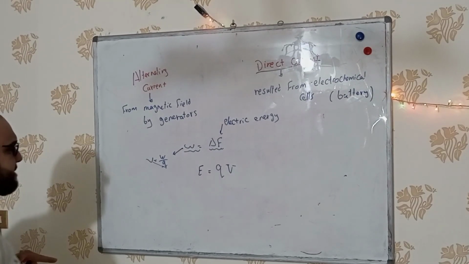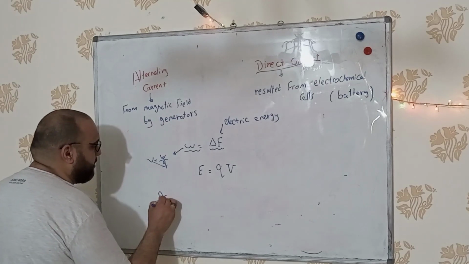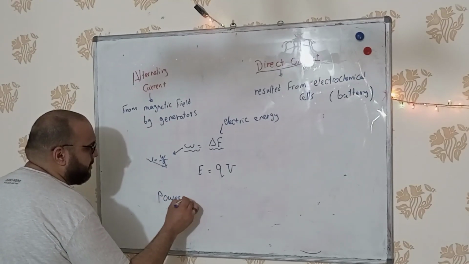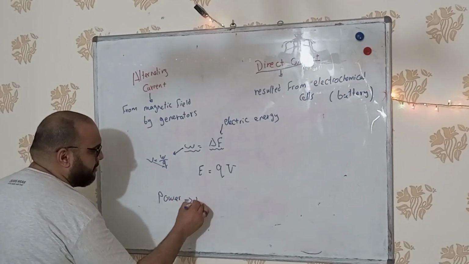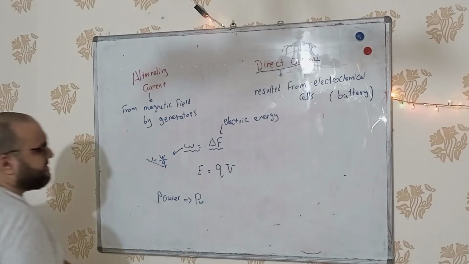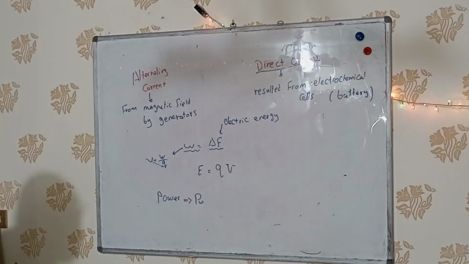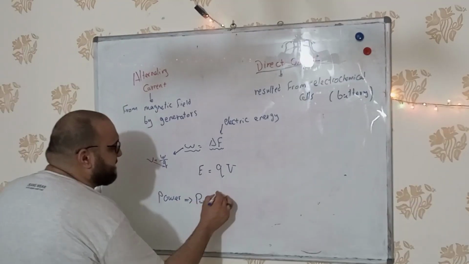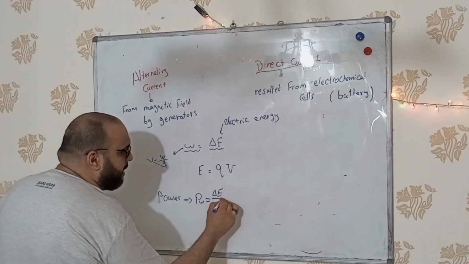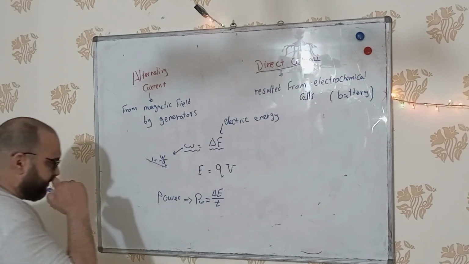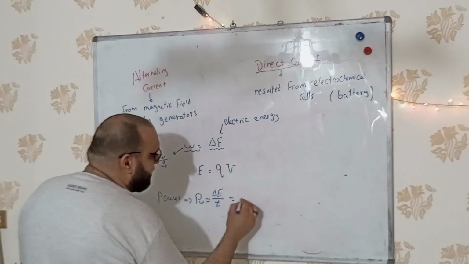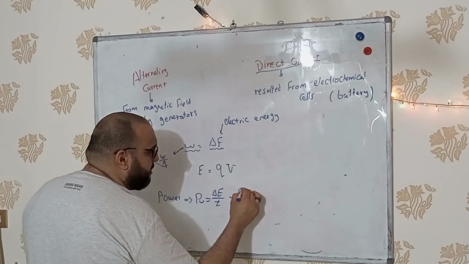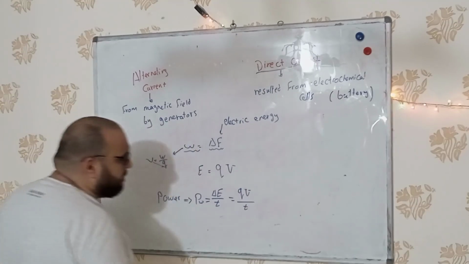We also know that, guys, power is the amount of energy done by time. So the power is equal to the energy QV divided by the time.